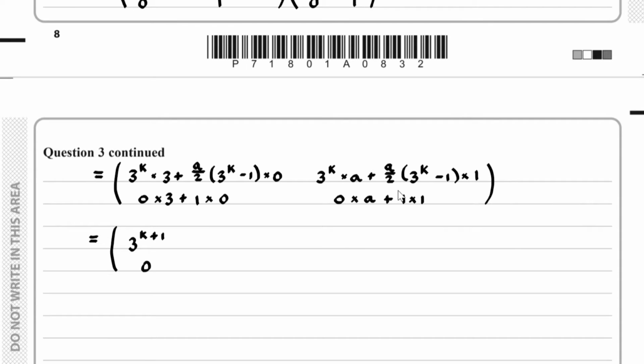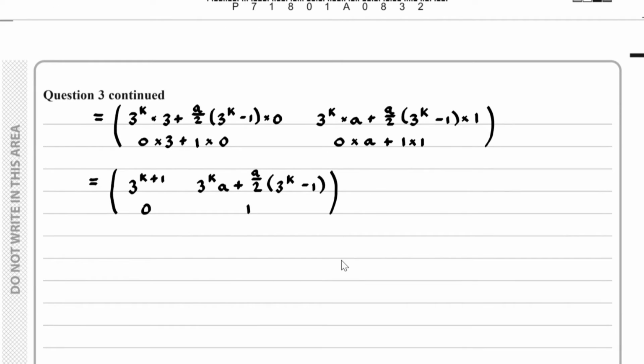And then here we have 3 to the k times by a plus a over 2 multiplied by 3 to the k minus 1. And here we've got 0 plus 1, which is just 1.